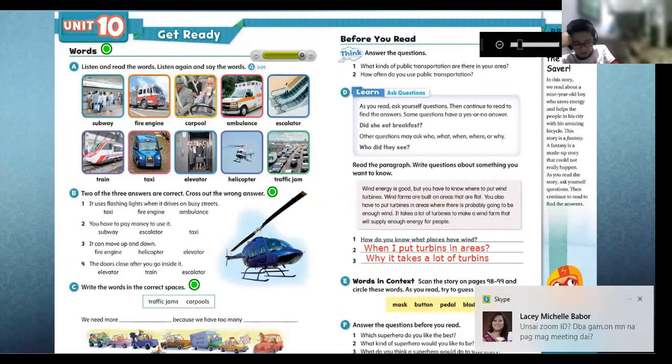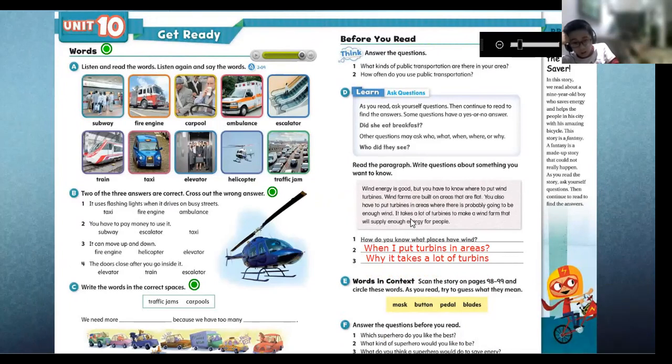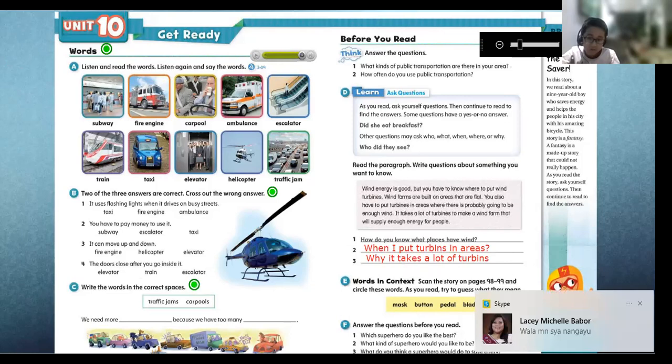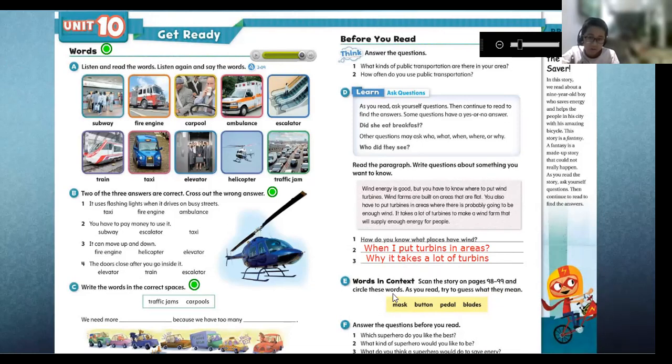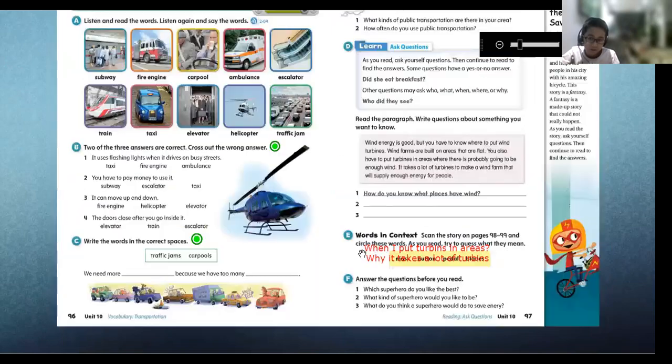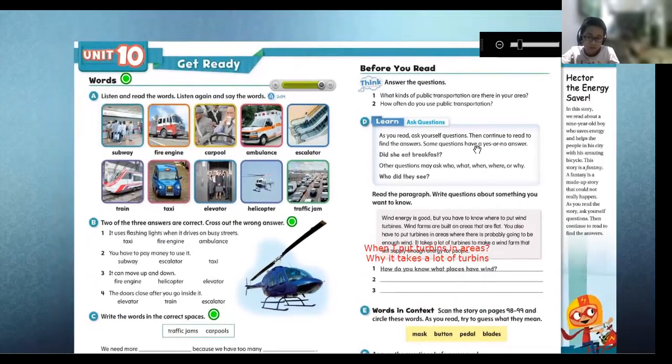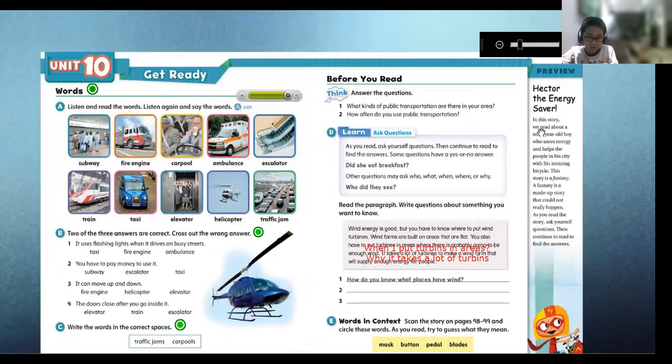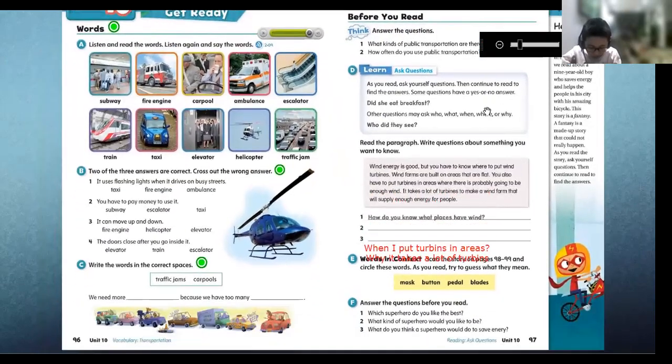As you read the paragraph, questions come into your mind, like when will I put turbines in areas, and why does it take a lot of turbines in a specific area. So if you have questions, it means you understand and you are thinking about what you are reading. You can find your answer when you read the story Hector the Energy Saver.